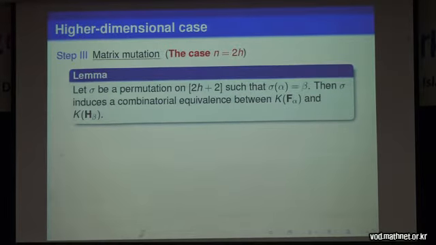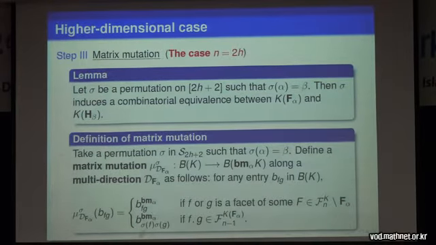Then if we do the bistellar move, we can choose the permutation. Here we just consider the middle dimensional bistellar move. In that case, this permutation gives a combinatorial equivalence between the local parts. This one and this one, something like this.